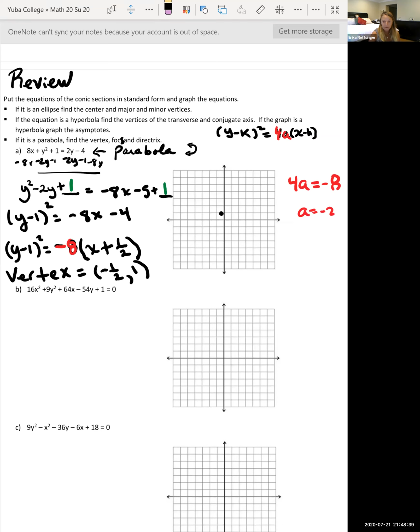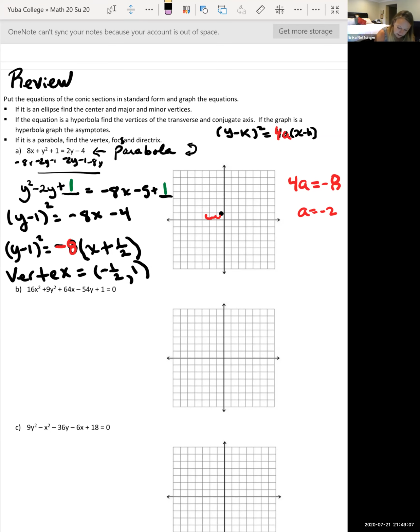That's going to help me figure out where my focus is and where my directrix is. So we are going to go out 2 to the left and 2 to the right from our vertex to find those values. I know it's always facing towards the focus, so I'm going to go this direction, 2.